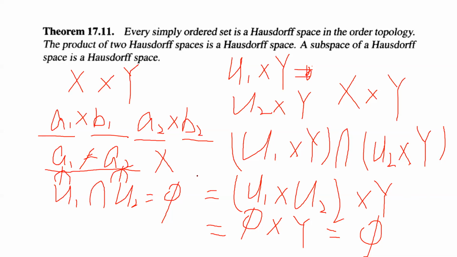Any questions? I just have a comment on your notation. Usually we don't write it like this: U1 cross Y intersect with U2 cross Y equals U1 intersect with U2 cross Y. Yes, maybe I wrote it the wrong way, sorry for that.